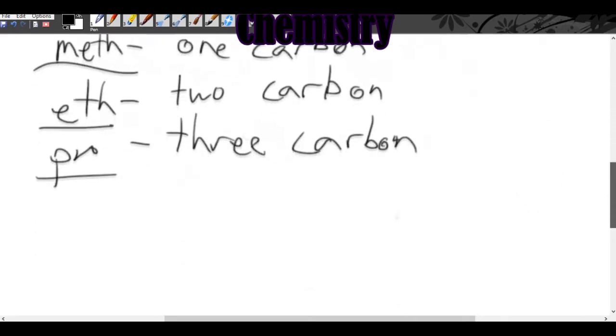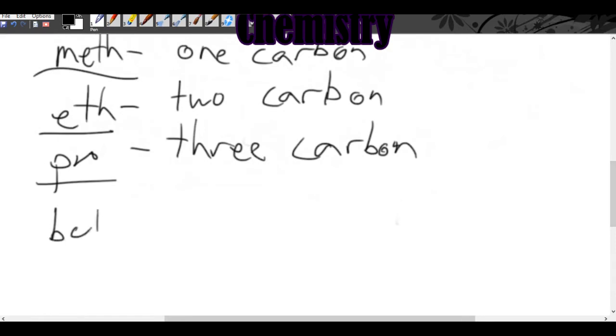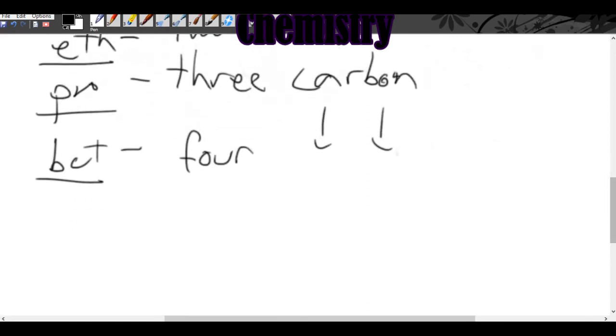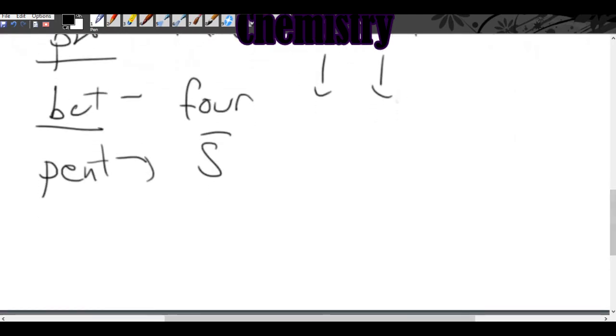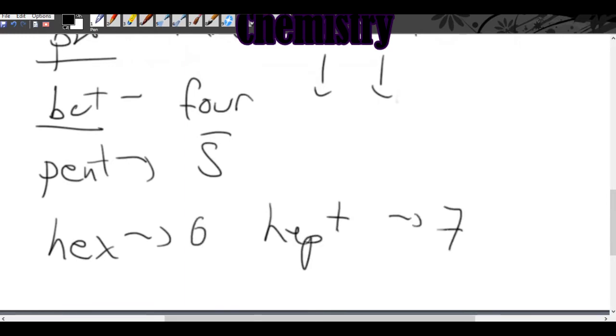And we've got here bute. I'm tired of writing carbon, sorry. Pent, which is 5, sorry. And we've got hex, hep, and so on.